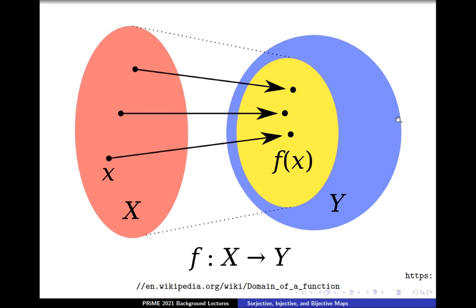Also on the right-hand side, there is a yellow oval. This is the range or image of the function f. And the arrows going from left to right represent the function taking little elements x in capital X to their image f of little x in the range of the function.